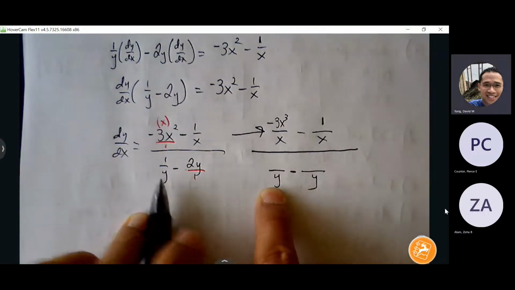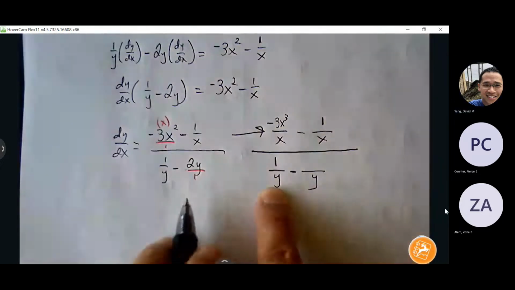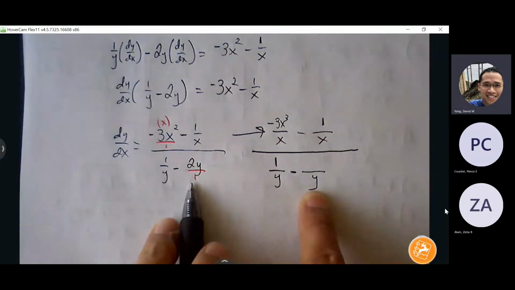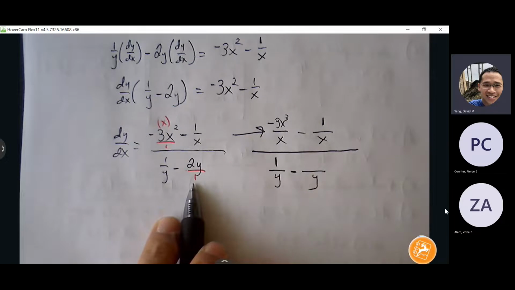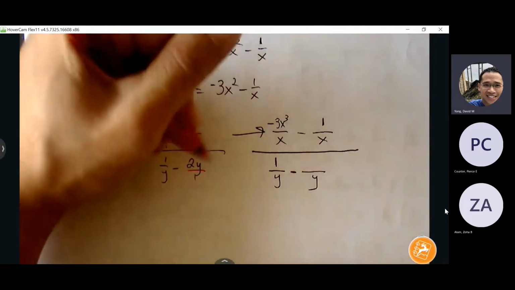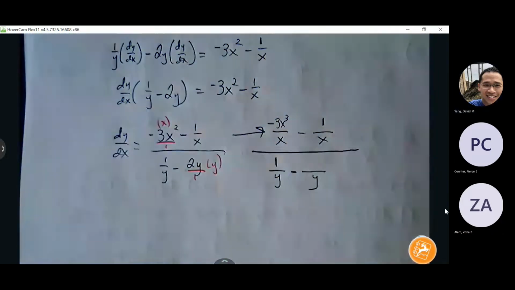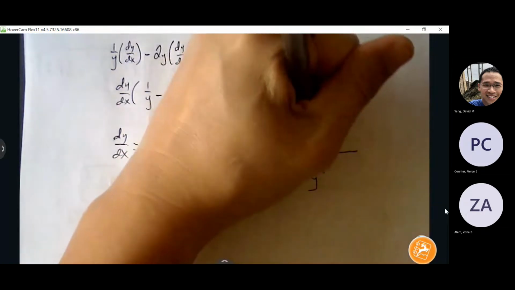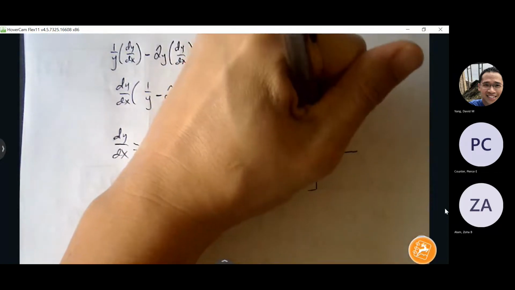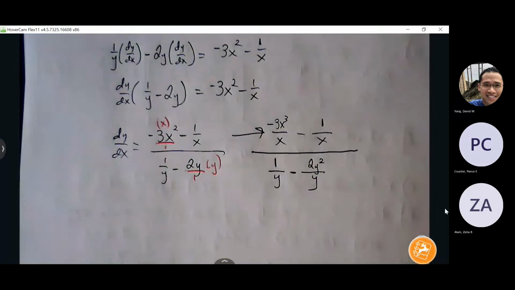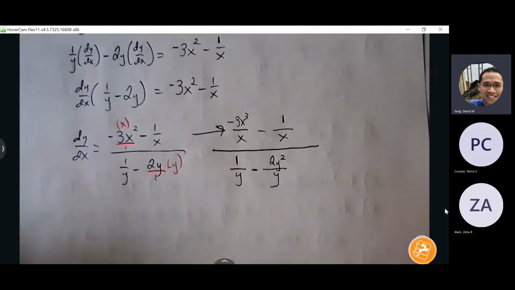No balancing needed. I can keep that 1. Second fraction, it's missing a y, so I need to balance the numerator with a y as well. Okay, so this cleans up here.